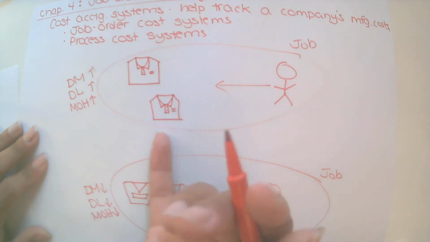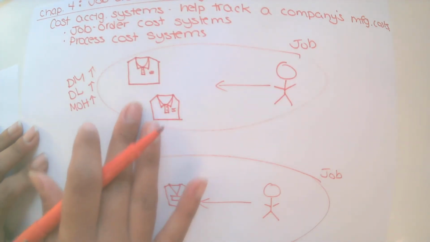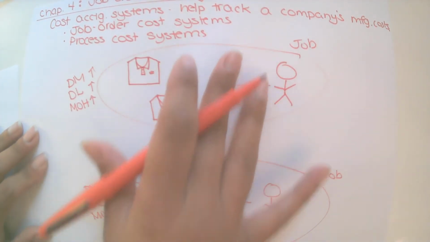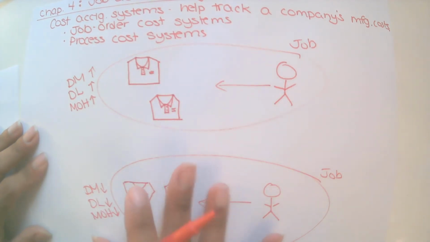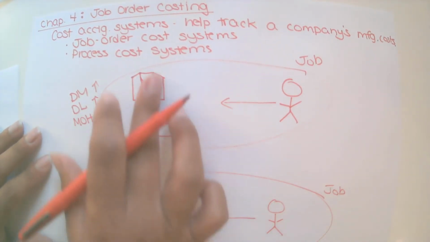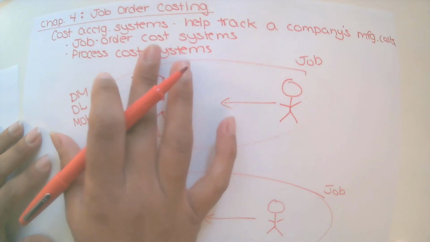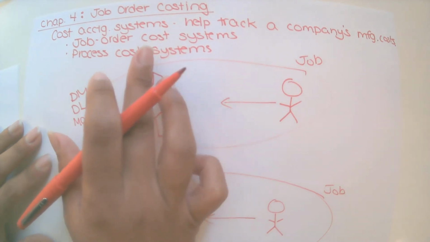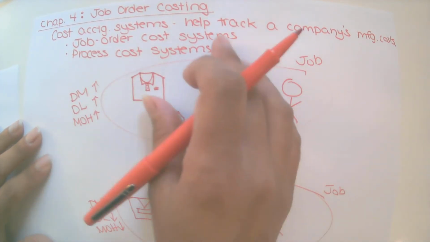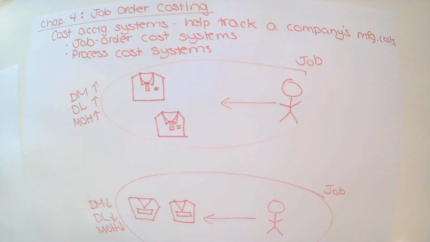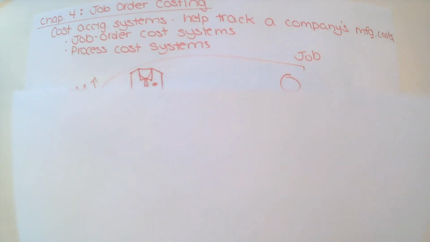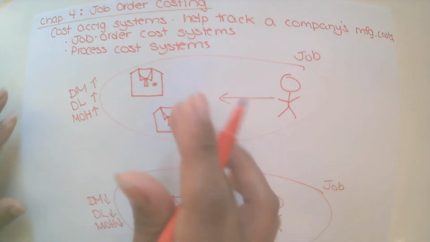We haven't even talked about quantity. What if this customer is only ordering 50 and this one's ordering 500, right? So each one of these has different costs. Therefore, they would want to track those manufacturing costs with a job order system, which tracks the costs specifically to each customer.